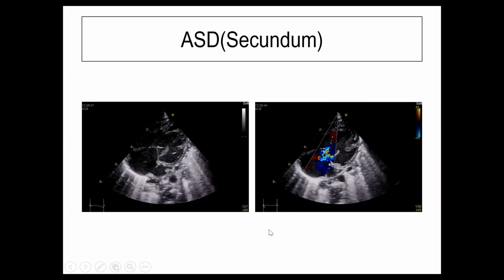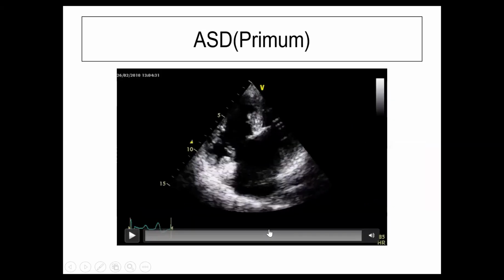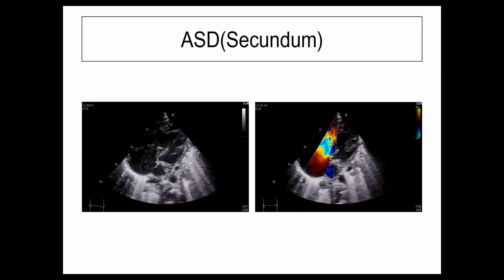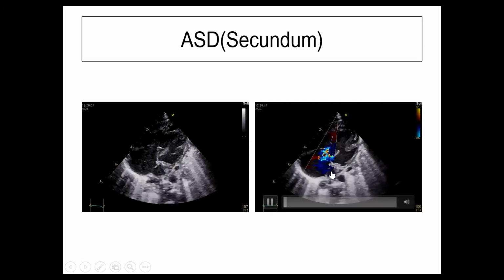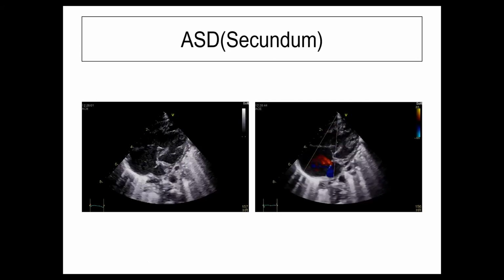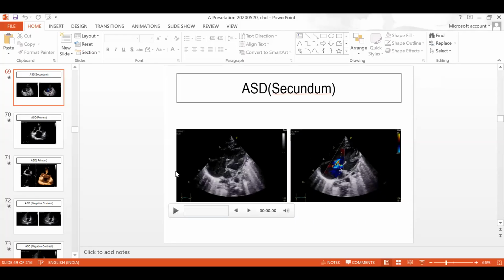Now see this slide carefully. I'm going back to this slide. With every systolic contraction, there is a reversal flow from right atrium to left atrium. You hardly see any flow from left atrium to right atrium. Can you see this? Yes, sir. Let me make it more comfortable for you.